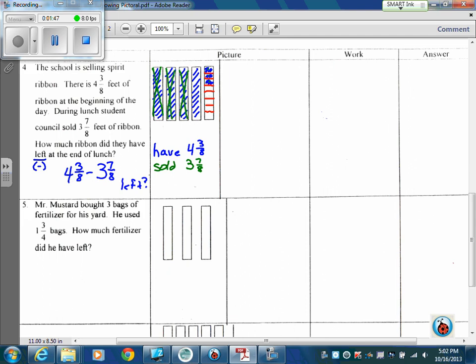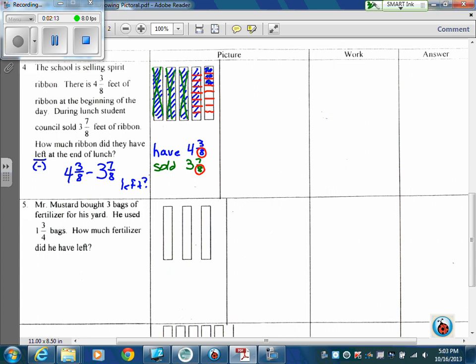So I'm going to have to cut into my hole. How many pieces do I cut it into? Well, our denominator tells us how many in each. So in each, even though we may not see it, this is already cut up. It's just completely filled in. So this is also 8. Now can I take away 7/8?